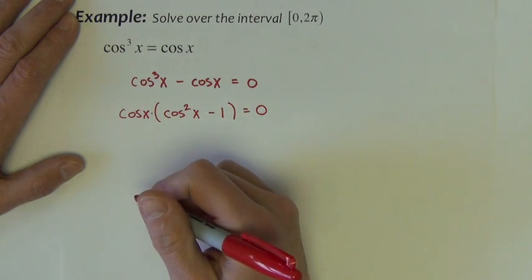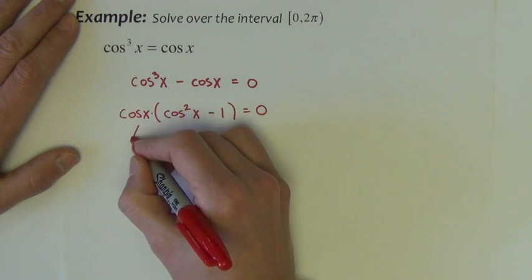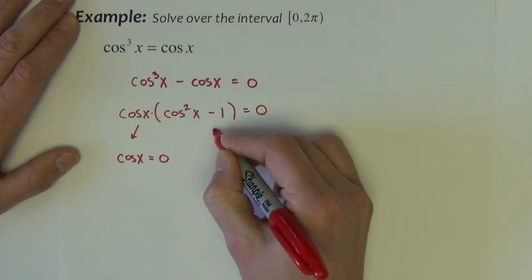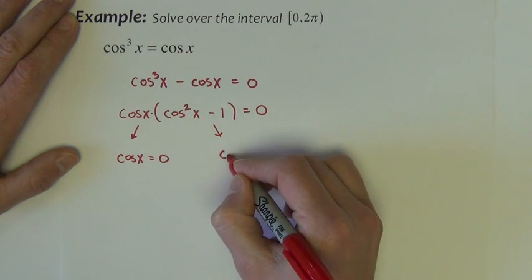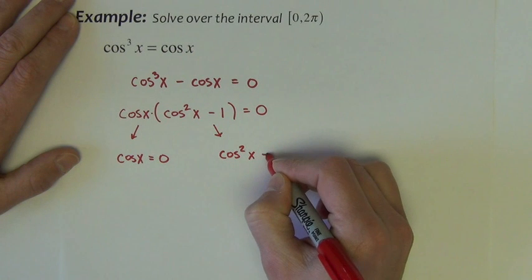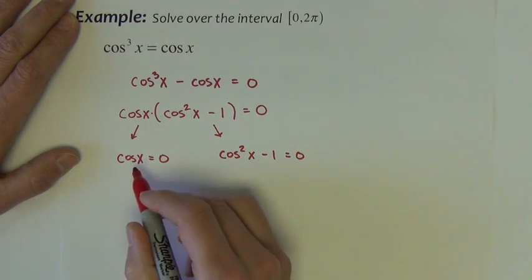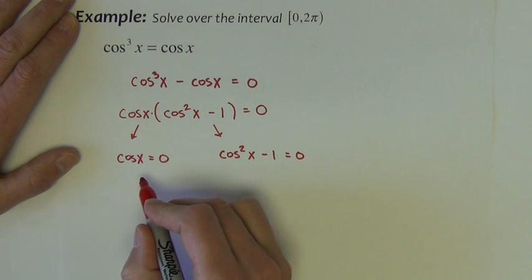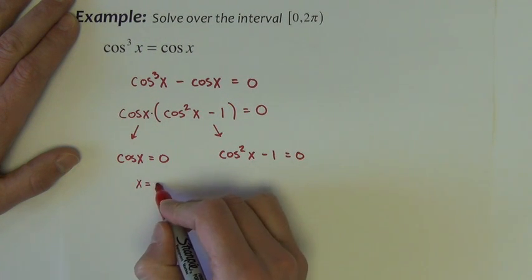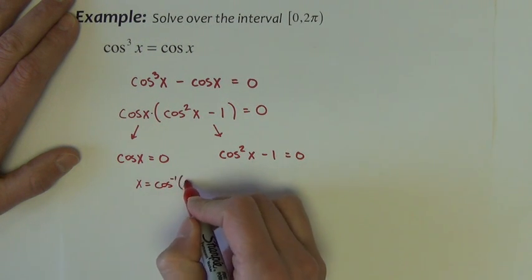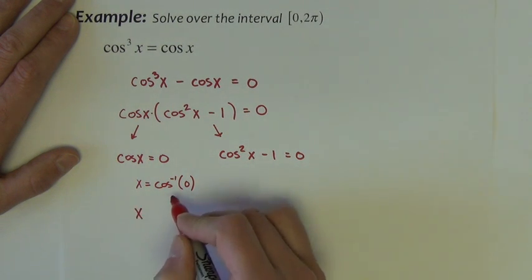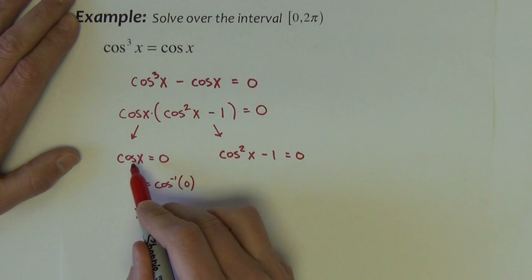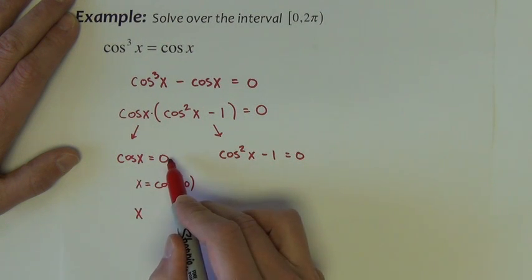When I solve equations by factoring, we're ready to set the factors equal to 0. So I want to do cosine x equals 0, and I want to do cosine squared x minus 1 equals 0. Well, cosine x equals 0 is the same as x equals cosine inverse of 0. In other words, at which angles x does cosine have a value of 0?